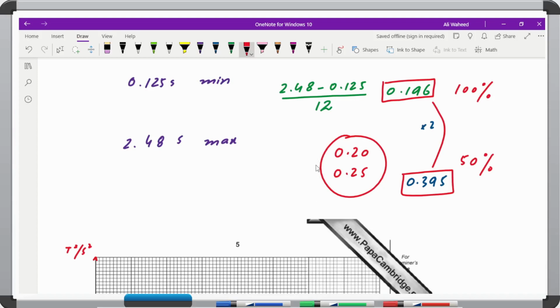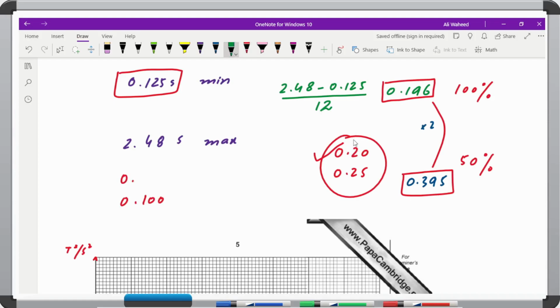It means after each large square, you have to step the scale up by 0.20. And the first reading does not have to be 0. You can start from 0.100, and after the first large square, you can write 0.